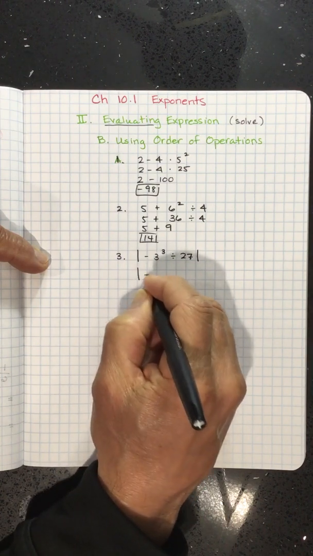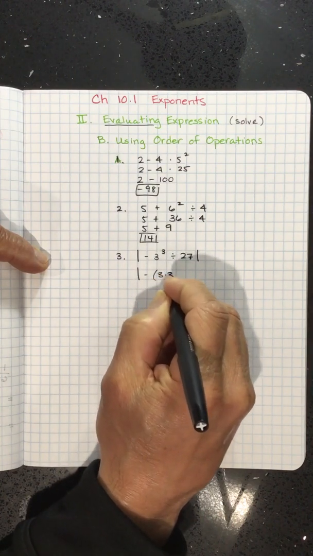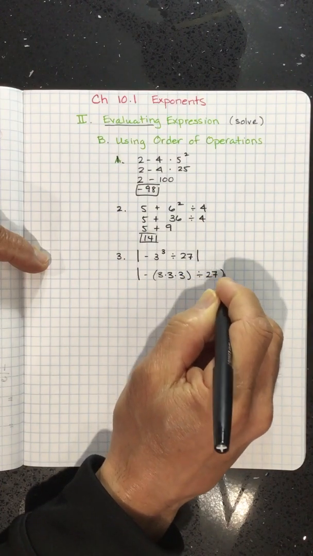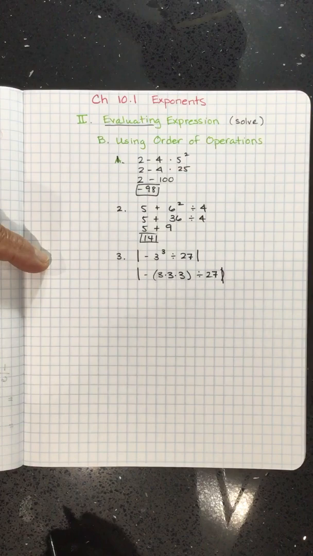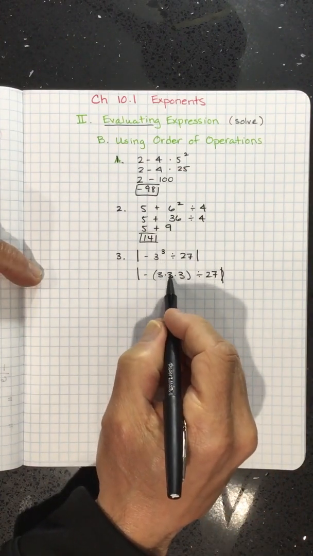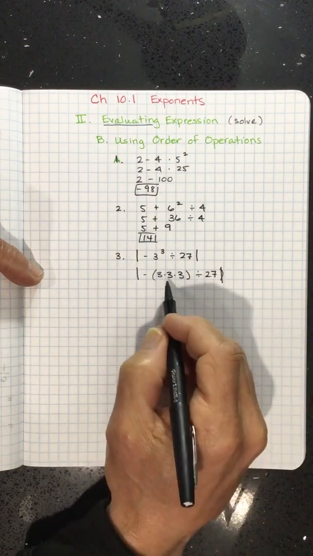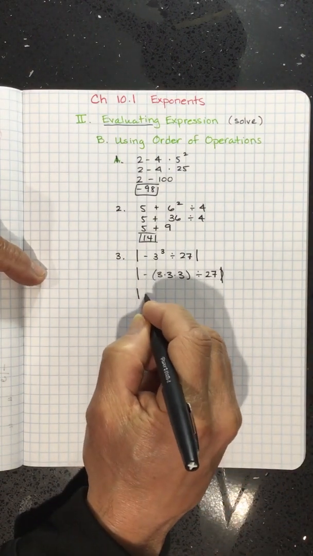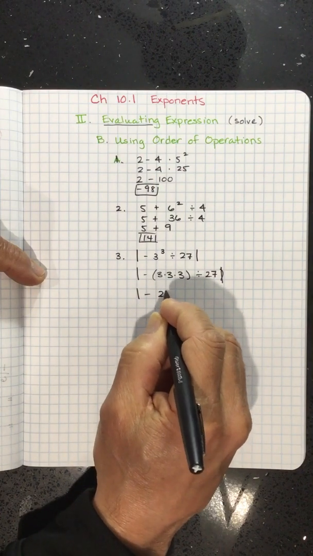So I'm going to have to spread this one out a little bit more. Whoops. That should be an absolute value bar. So this is 3 cubed. 3 times 3, all right, that's 9. And then 9 times 3 is 27.